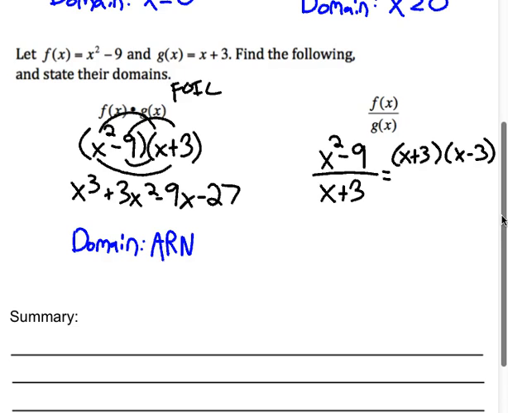So yes, factoring does come back. Now this is something we're going to cover much more come chapter 8. But if I want to simplify this, since I have the same thing top and bottom, I can actually simplify that all the way down to x minus 3.